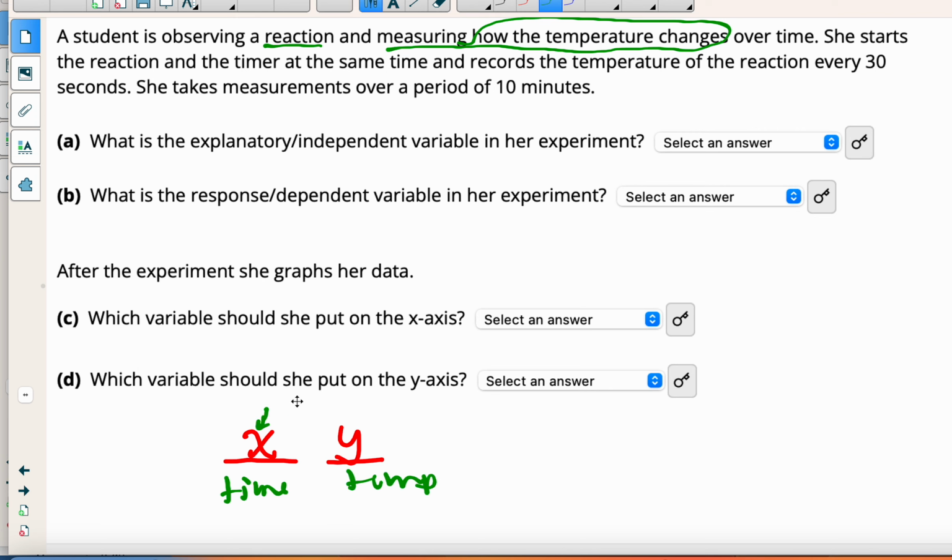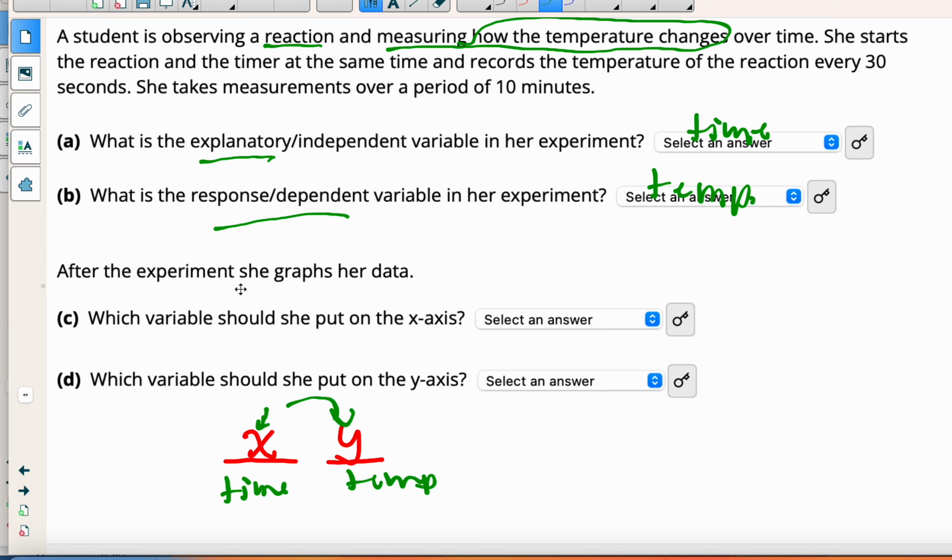As X changes, how does Y respond? It says, what is the explanatory variable? That's going to be my X value. That is going to be time.